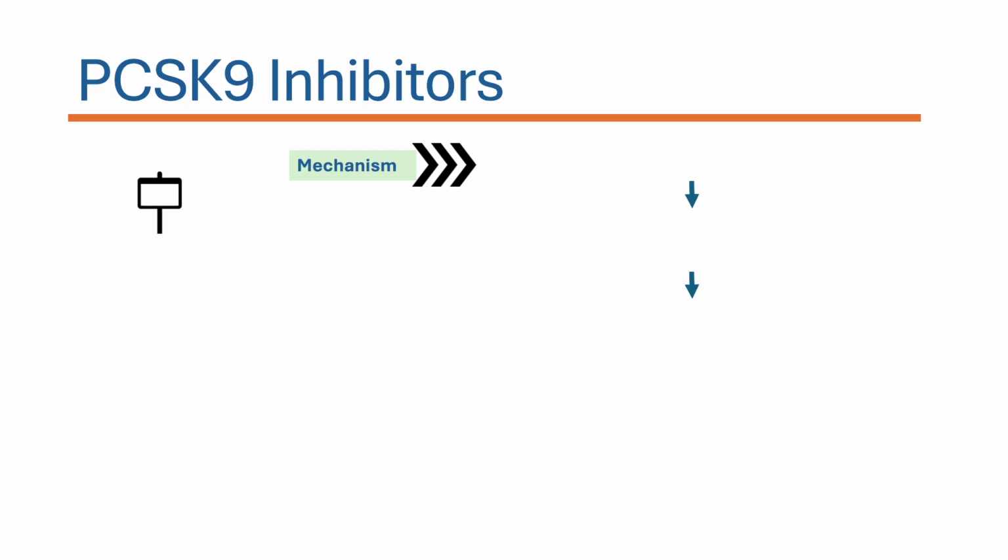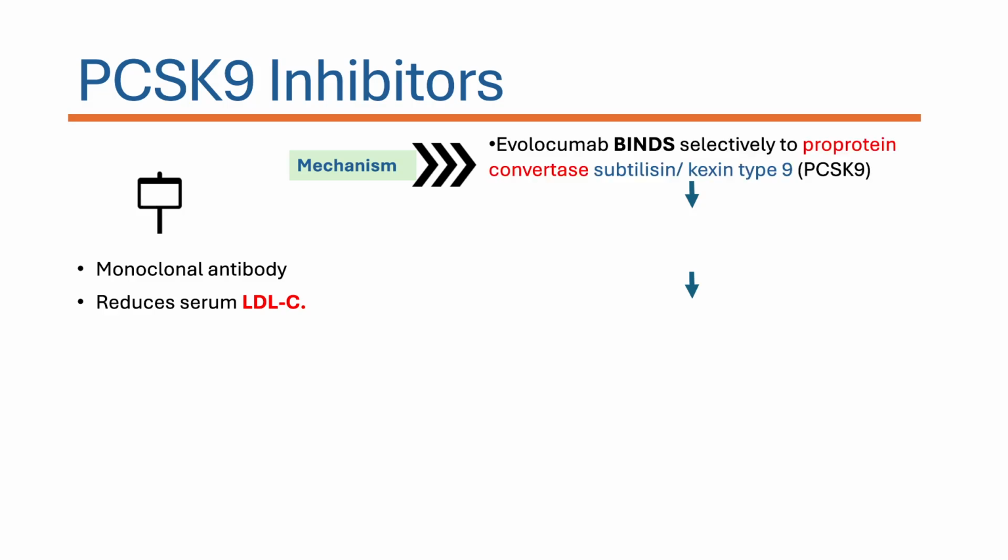So next, move on to the actions. Basically, they are monoclonal antibodies which reduce the serum LDL cholesterol. How does it act? The PCSK9 inhibitors, the monoclonal antibodies against PCSK9, bind selectively to PCSK9.